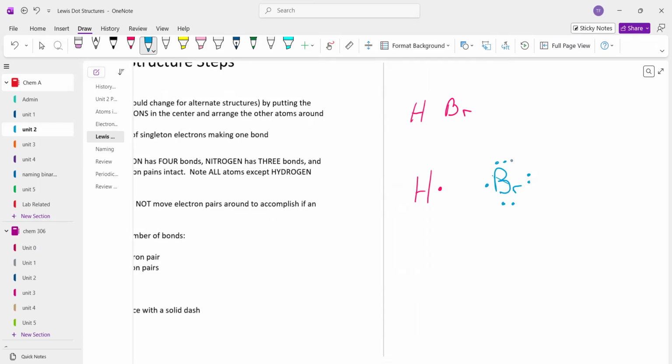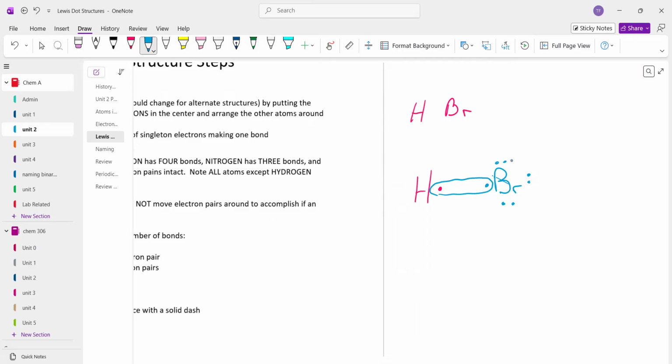Now, we can move the electrons around for convenience. I could have put the singleton on the back side, the top, or the bottom, as long as we have 1 singleton, 3 pairs. Okay, the next step is to connect up the singletons. Well, very simple here, we only have 1. We just made a bond.